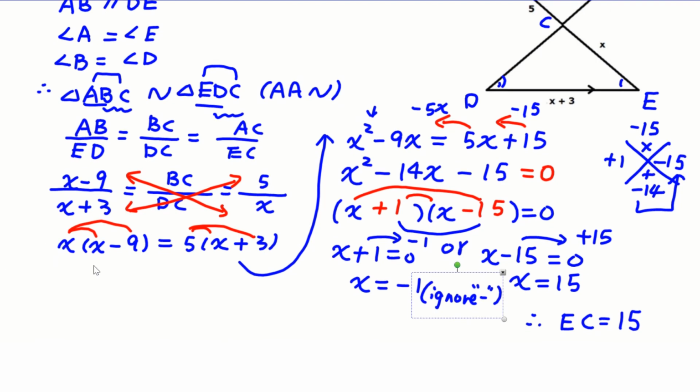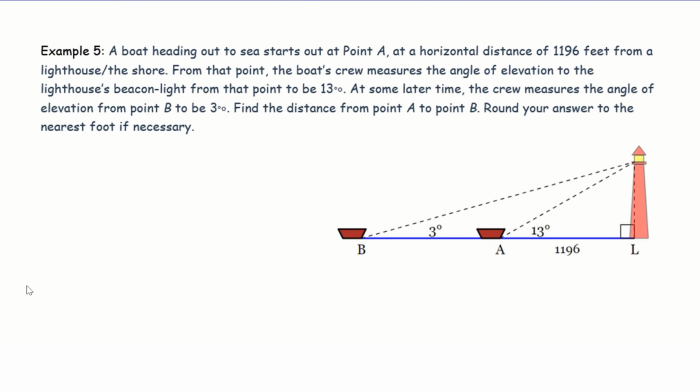Sometimes you may have a quadratic equation, then you need to use how to solve quadratic equations to find the solutions. So for a quadratic equation, you could use the factor method or the quadratic formula. So this is all about similar triangles, and on the next page we are going to see the applications of trig ratios.